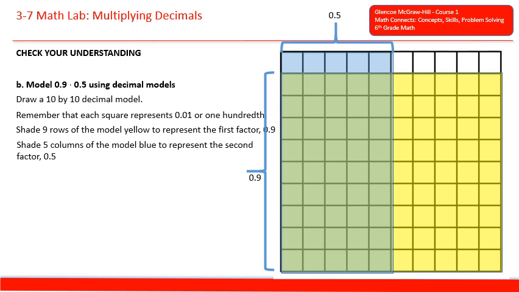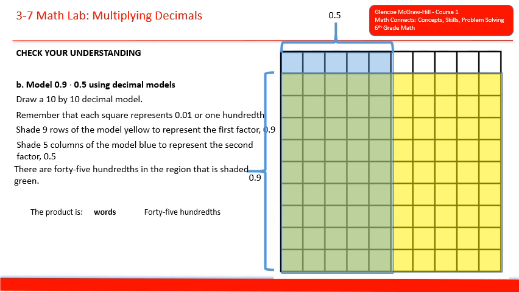And then shade 5 columns of the model blue to represent the second factor, 0.5 or 5/10. There are 45 hundredths in the region that is shaded green. So the product is, in words, 45 hundredths. Standard form, 0.45. Expanded form, 4 times 0.1 plus 5 times 0.01.